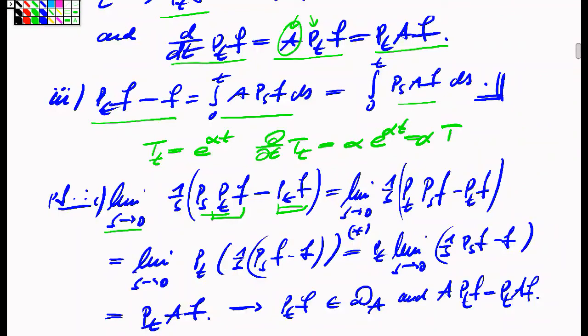So what you have here on the left hand side of this equality is the difference quotient approximation of the operator A, which acts on the function PtF.